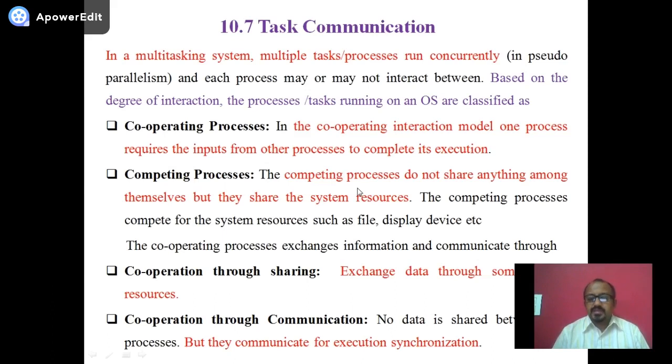For example, if you take a mobile, you might create a few tasks: one task for keypad, another task for display, one more task for sensor, one more task maybe for memory.